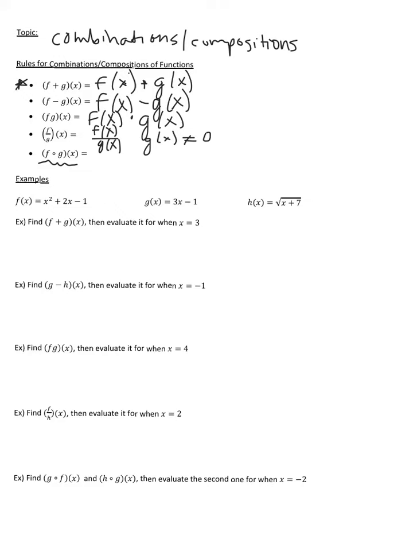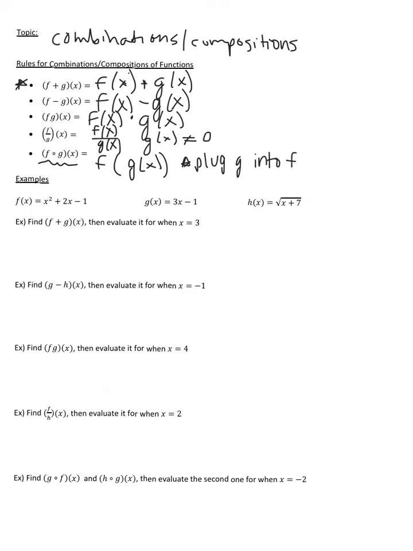And you can rewrite that as f parentheses g of x. So what that means is plug g into f. So we'll go ahead and we'll see an example of that down below. But that one you're going to actually replace x with another function, f of g of x.